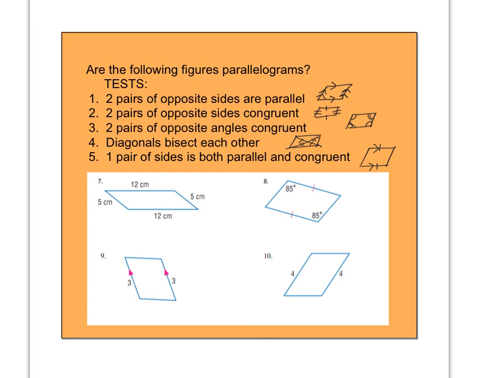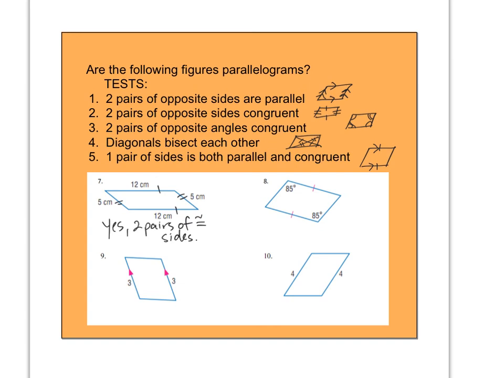So take a look at number 7. Do you think there's enough information there to know if it's a parallelogram? If you're thinking yes, you're right, because the 12s are equal and the 5s are equal. So we have 2 pairs of congruent sides. How about number 8?